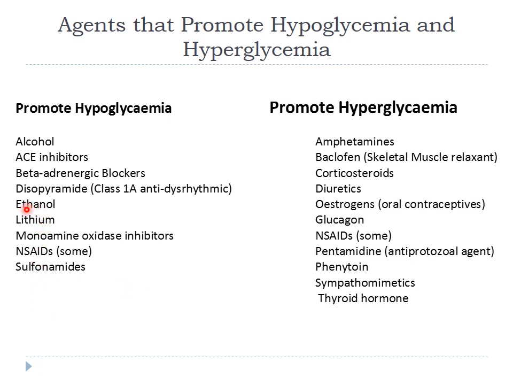What's more important here is ethanol, alcohol. As you're working with your patients, alcohol will drop their blood sugar, not make it go up. It will make it go down.